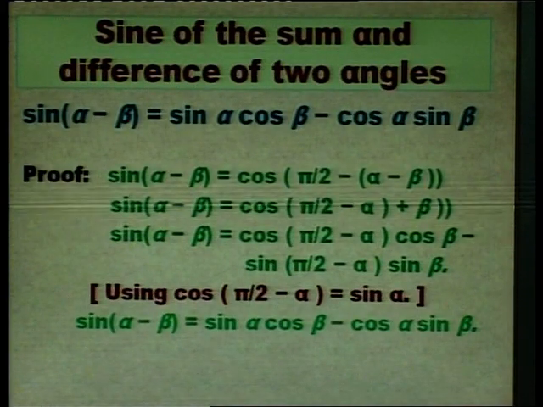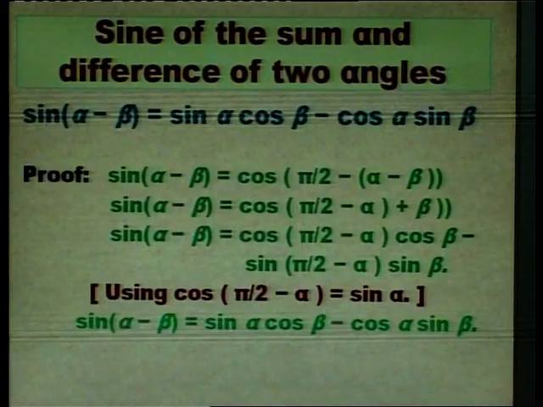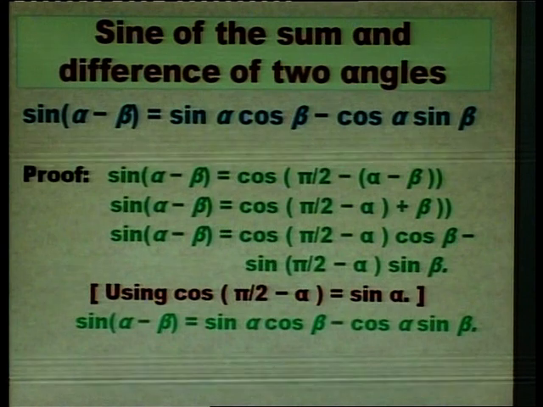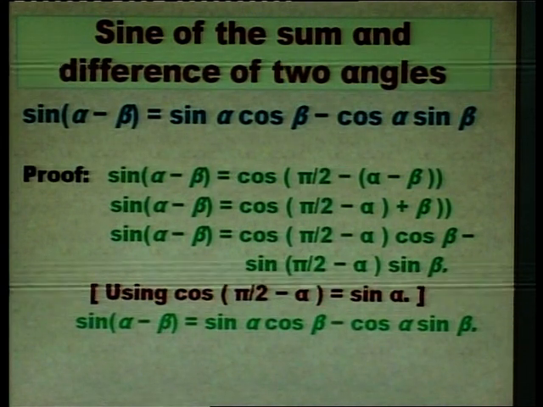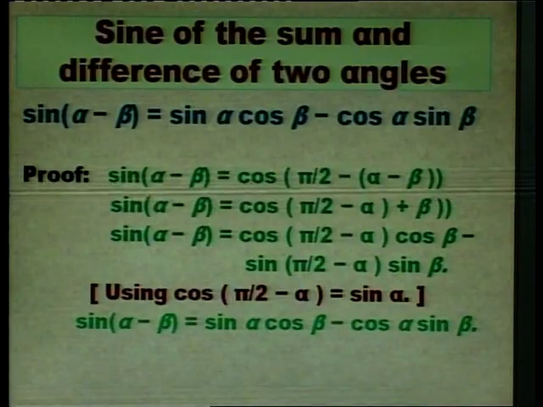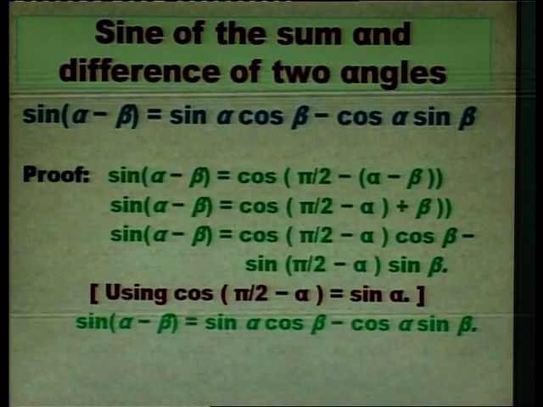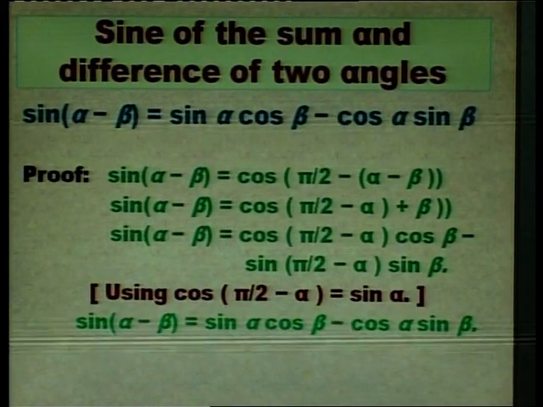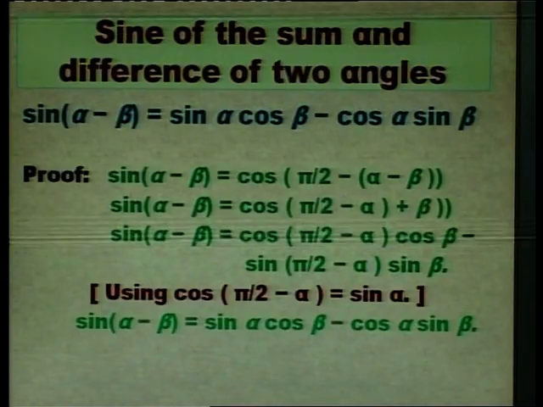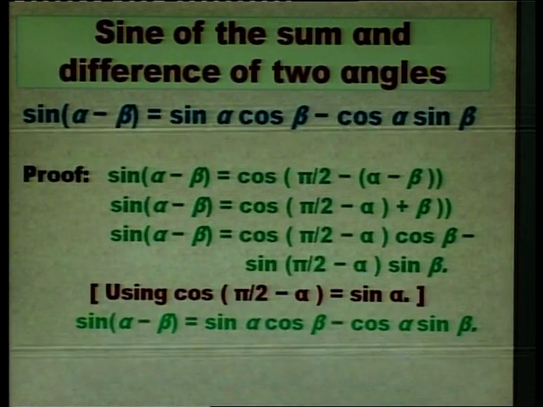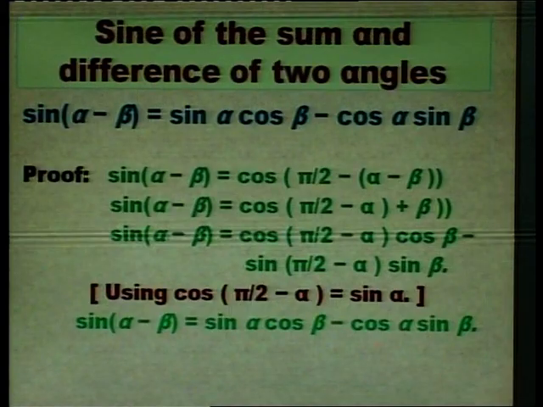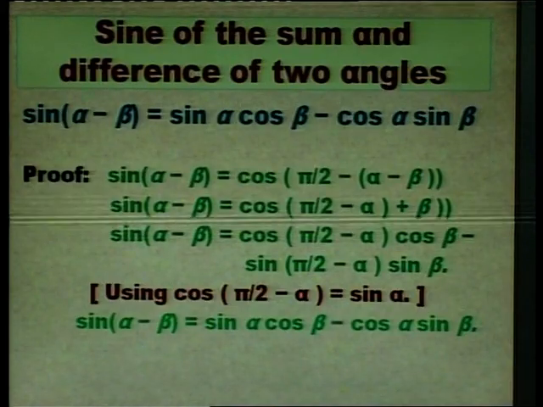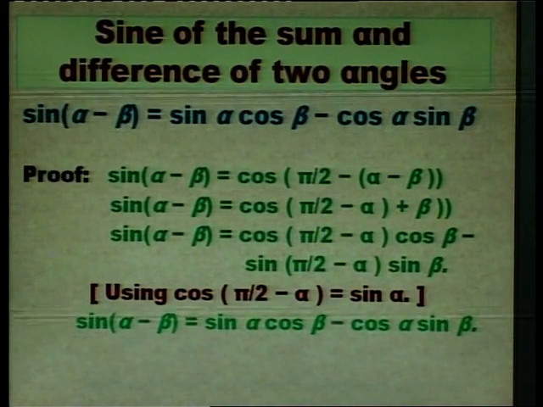In the case of cos of alpha minus beta, which I just discussed, it was a plus sign, but in the case of sin of alpha minus beta or sin of alpha plus beta, the signs on both sides, left hand side as well as right hand side, are of the same nature. The proof for this formula is also very trivial, and that is also a consequence of the formula which we have already discussed.